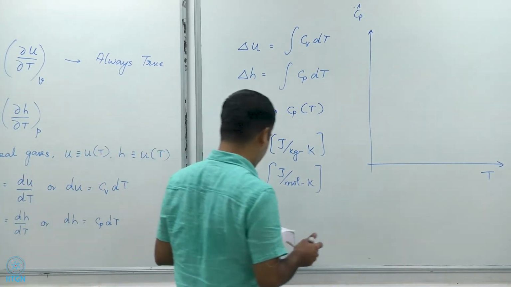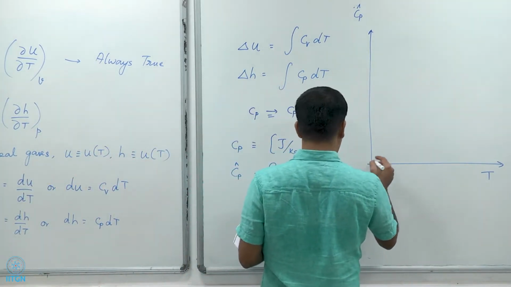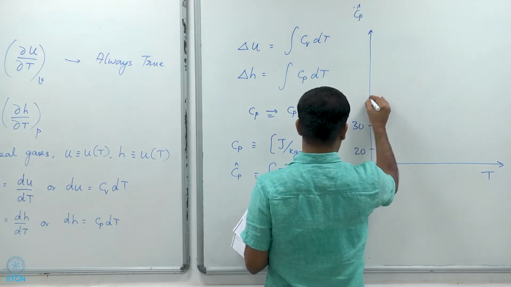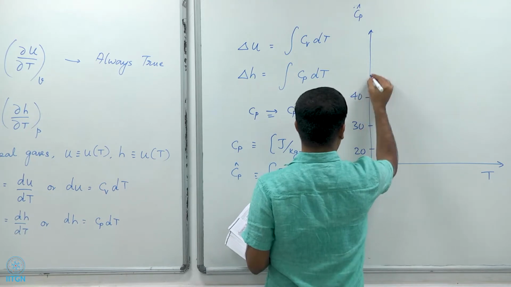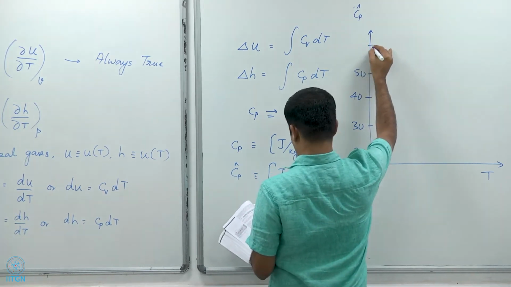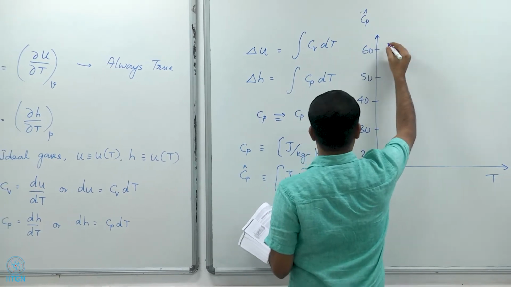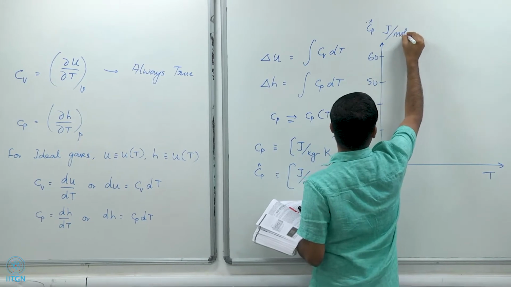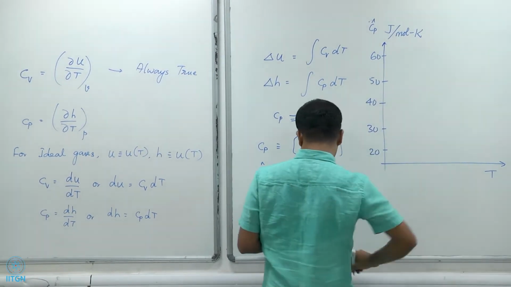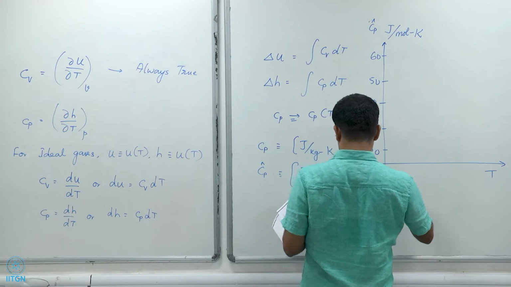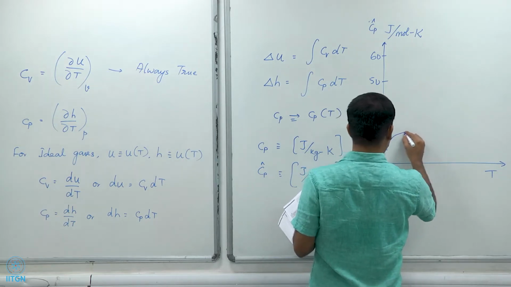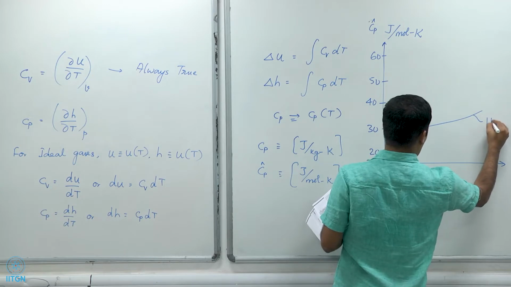And so this is 20, 30, 40, 50, 60, and this is joule per mole Kelvin, all right? And this is what hydrogen looks like.